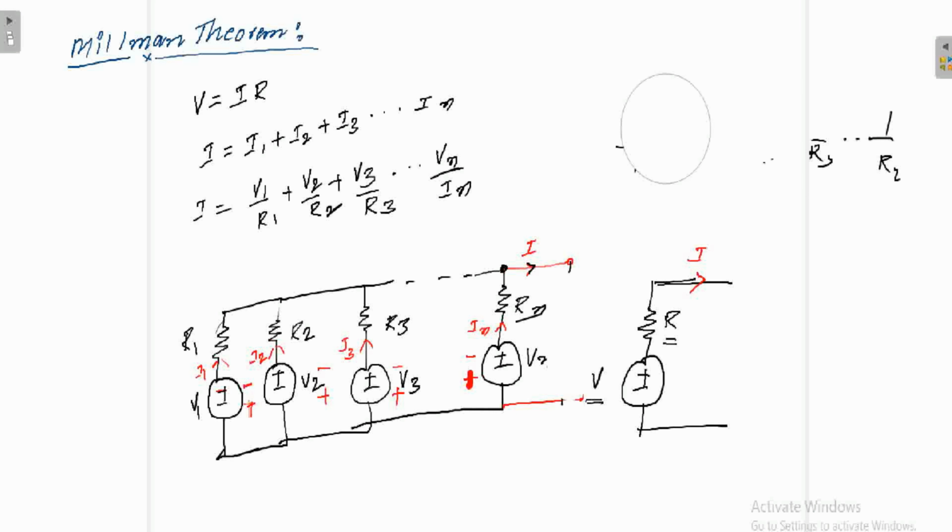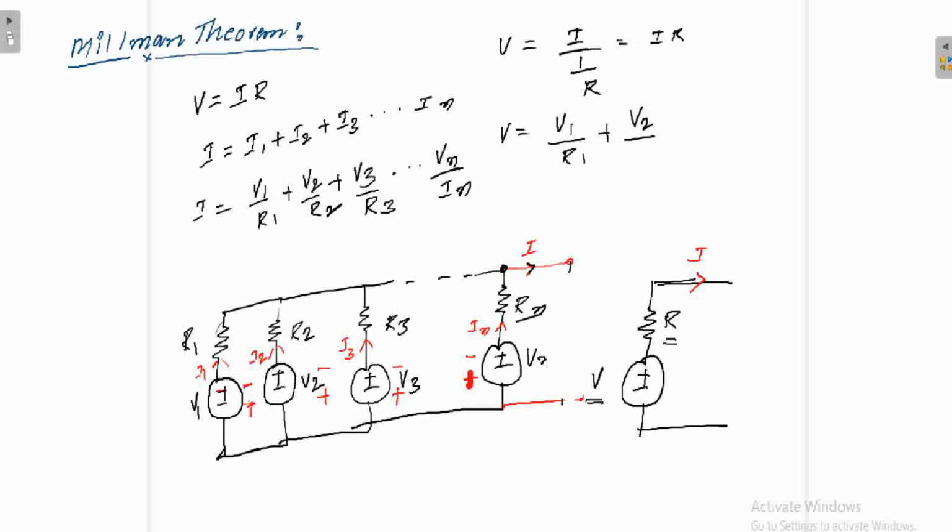So 1 by R is equal to 1 by R1 plus 1 by R2 plus 1 by R3. You can write V is equal to I into R. You can write I by 1 by R also, which becomes I into R only. So what is this I? I is equal to V1 by R1 plus V2 by R2 up to Vn by Rn.